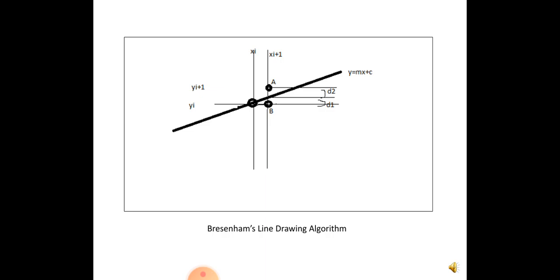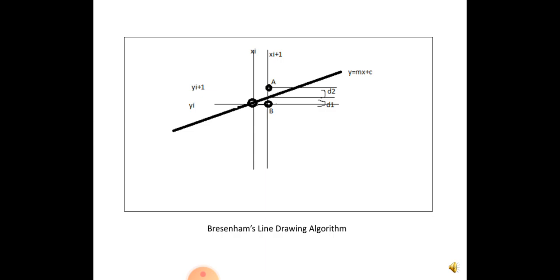And what is the condition? Dy by dx, that is slope, is greater than or equal to 0 and less than or equal to 1. So dy by dx less than or equal to 1 means what? Dy is less than or equal to dx.